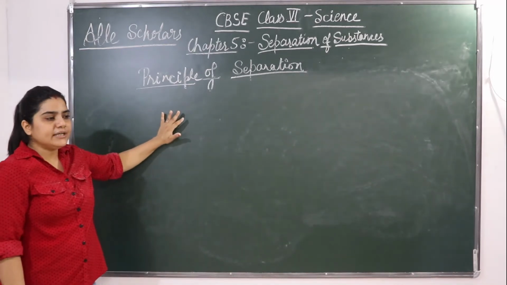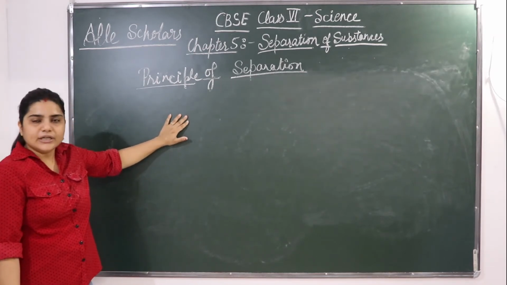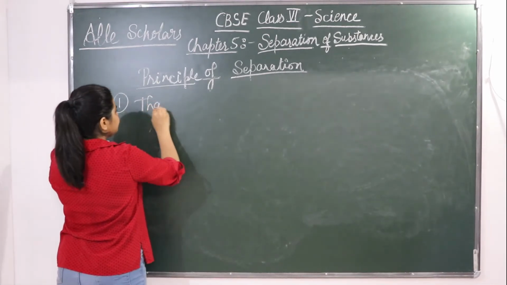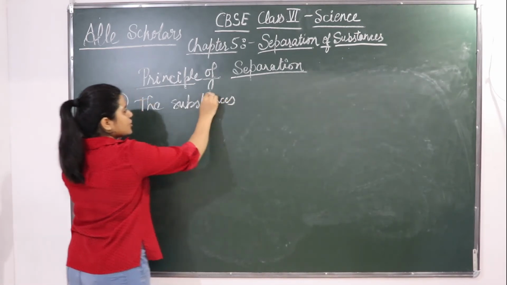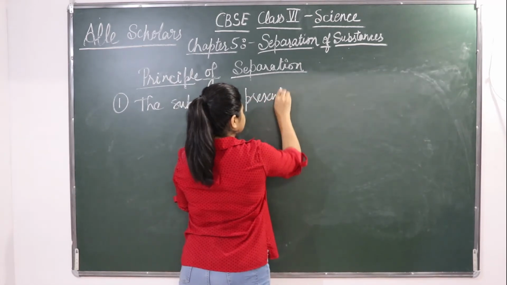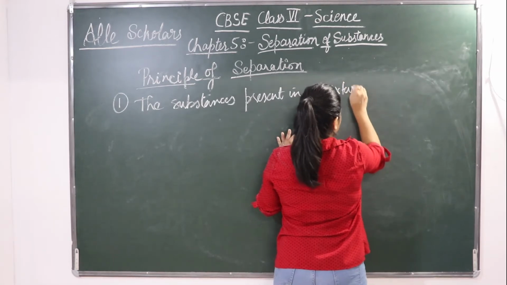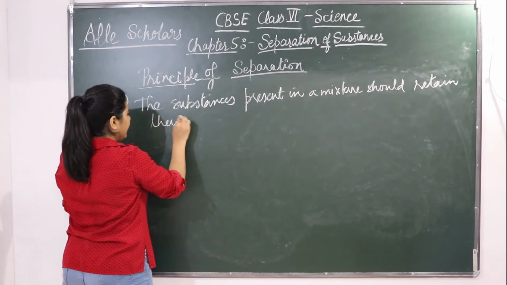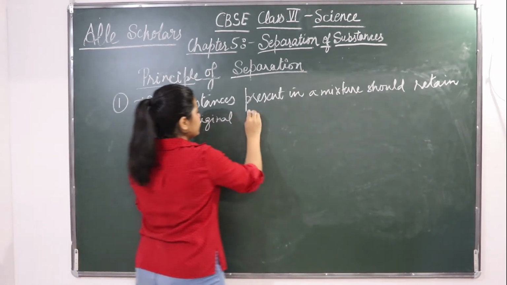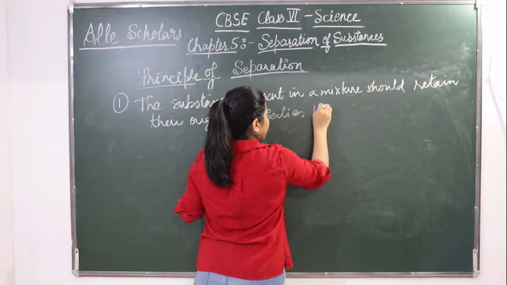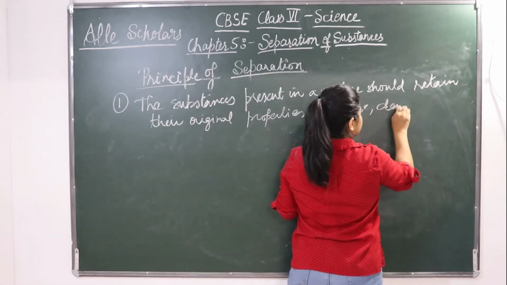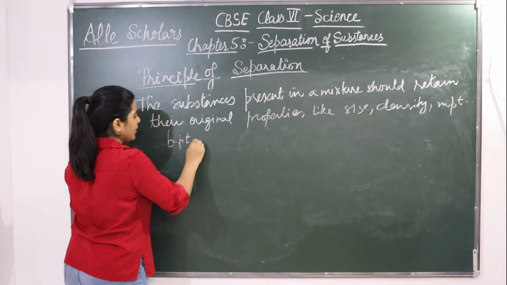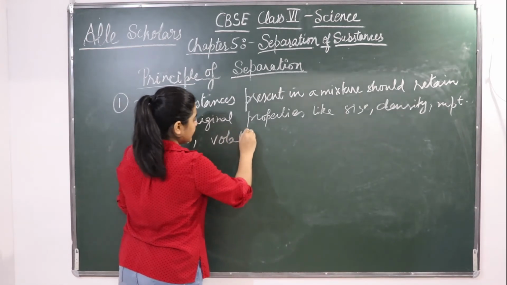Okay, so the principle of separation, the first principle is that the substances present in a mixture should retain their original properties like their size, their density, their melting point, their boiling point or their volatility, etc.